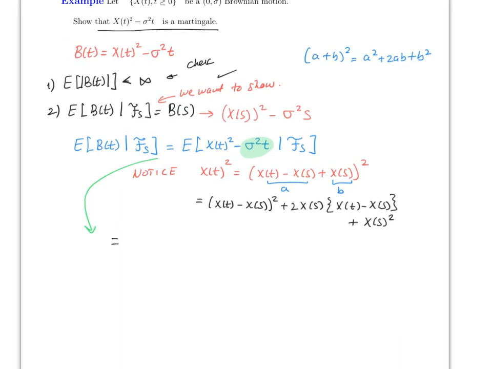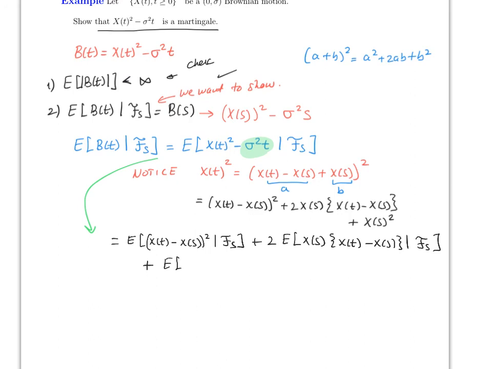This is equal to the expected value of xt minus xs squared given f of s, plus twice the expected value of x of s times x of t minus x of s given f of s, plus the expected value of x of s squared given f of s, and then minus sigma squared t.